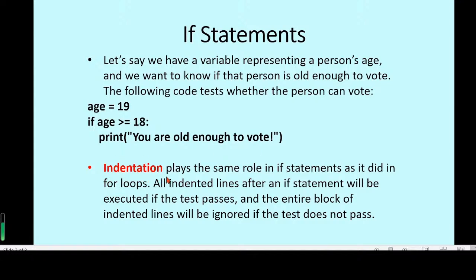And indentation plays the same role in an if statement as it did in a for loop. So all indented lines after an if statement will be executed if the test passes, and the entire block of indented lines will be ignored if the test does not pass.